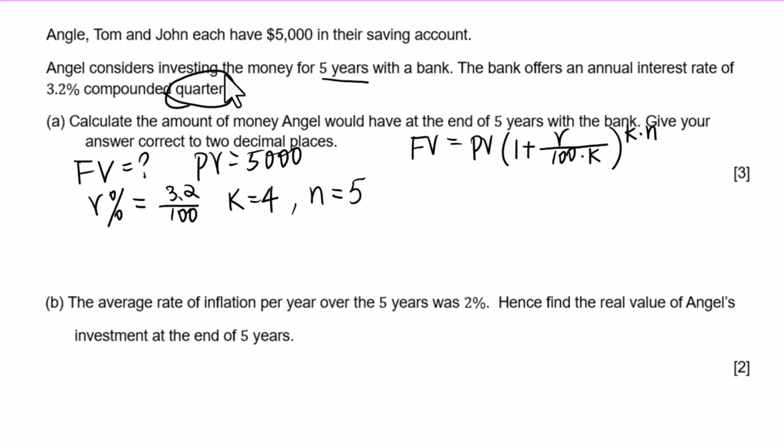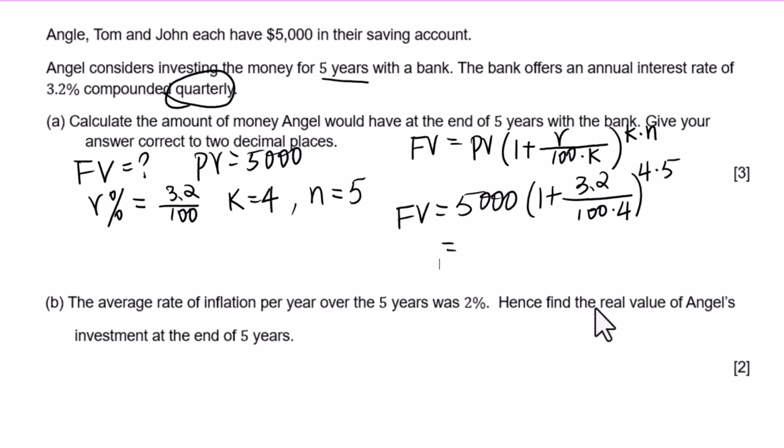So we do the substitution. Future value equals $5,000 times 1 plus 3.2 over 100 times 4 to the power of 4 times 5. We will put this into your calculator.